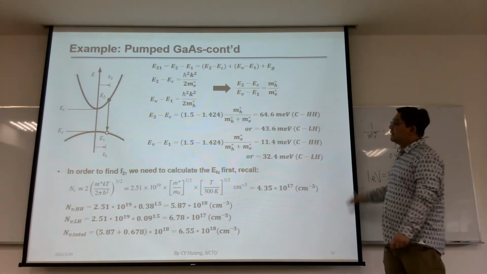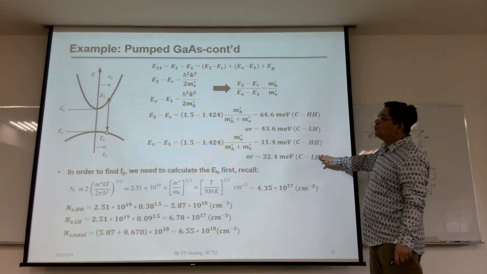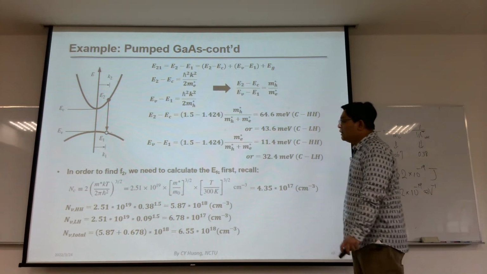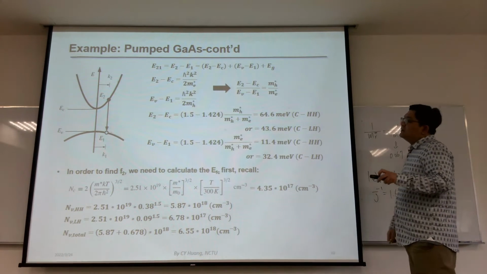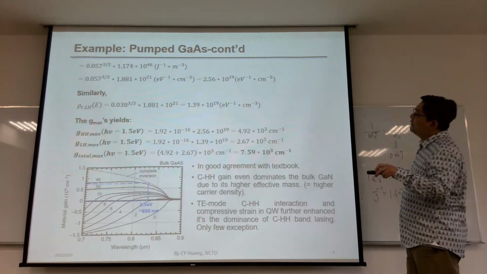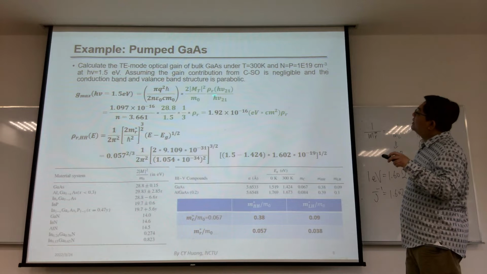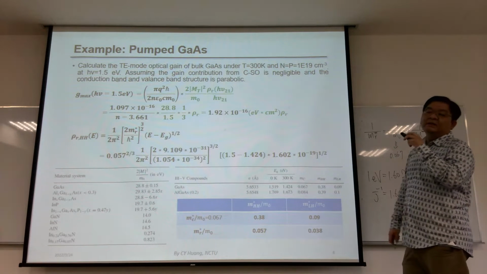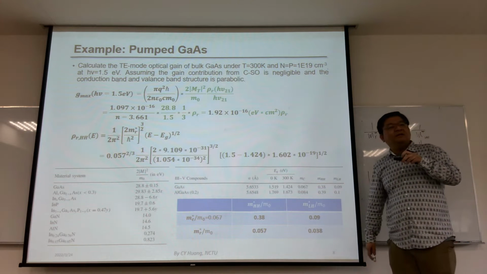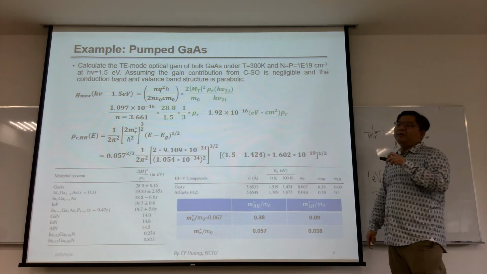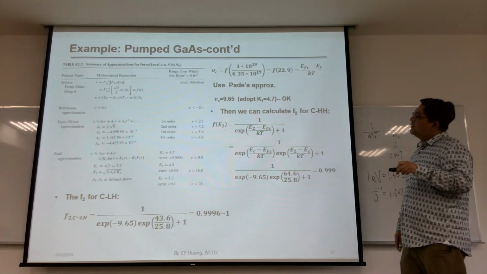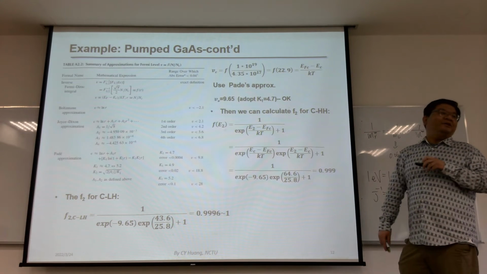So now you need to know the corresponding energy first. Then since we already told you the injection carrier density, 1e19, we practiced in homework how to find the Fermi level, and I'm not going to repeat that here.